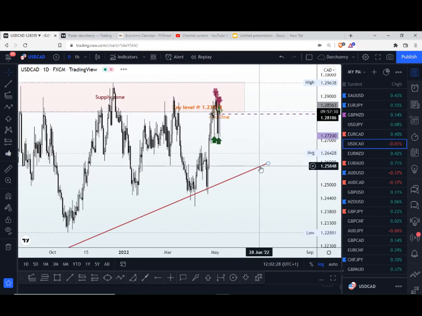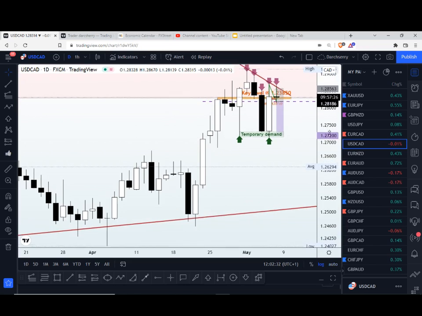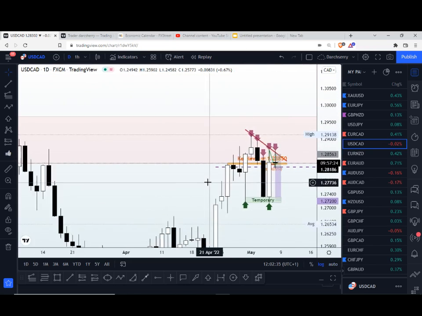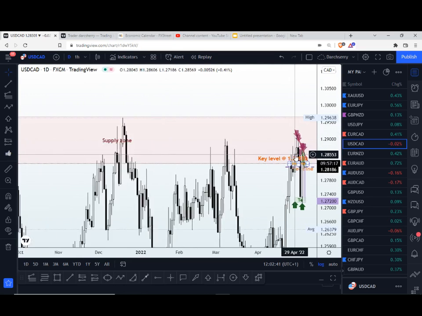And on USDCAD, lastly, we said we want to be going bearish based on the fact that we have a supply zone right on the daily time frame, which we identified between 1.28350 and 1.29500.